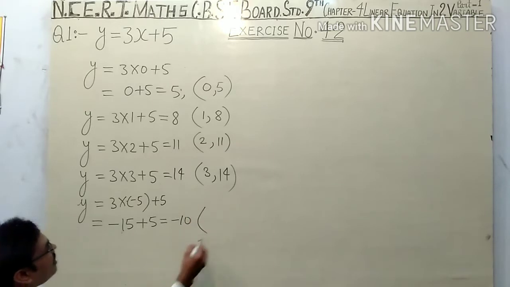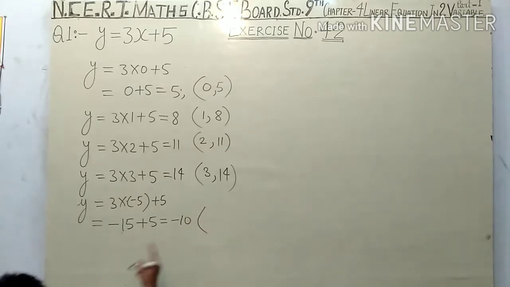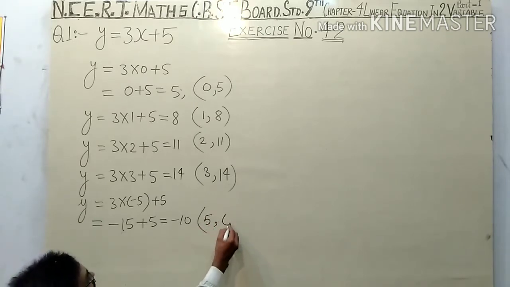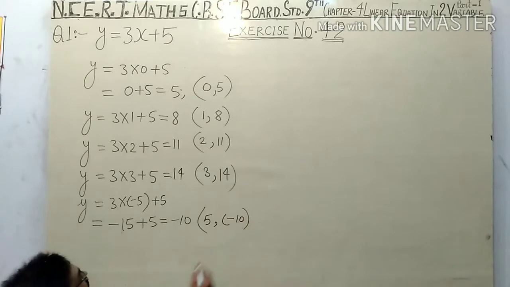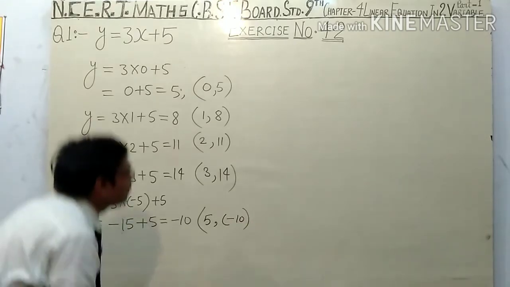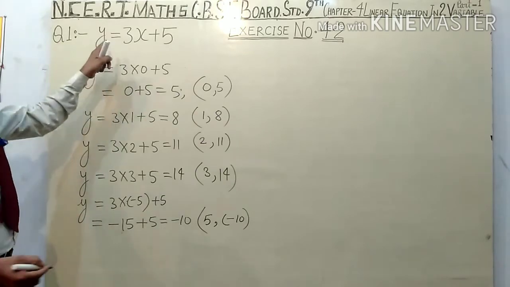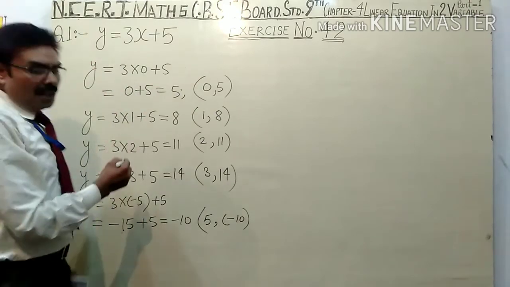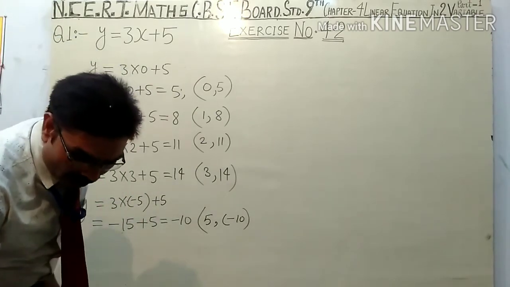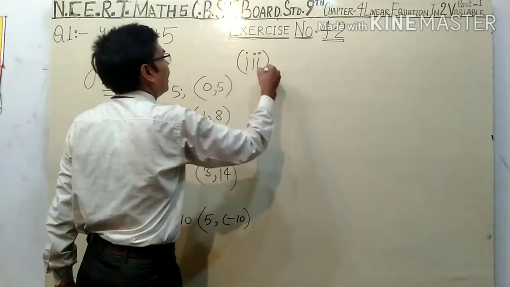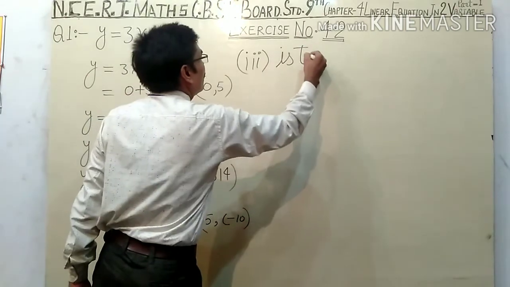Hence, the next values of x and y are minus 5 and minus 10. So students, we observe that there are infinitely many solutions for this equation. So option number third is true.